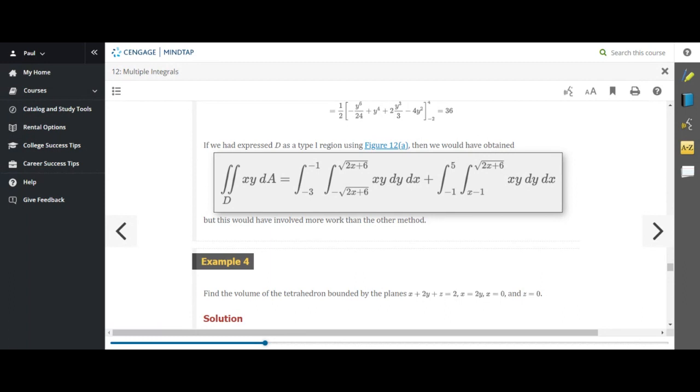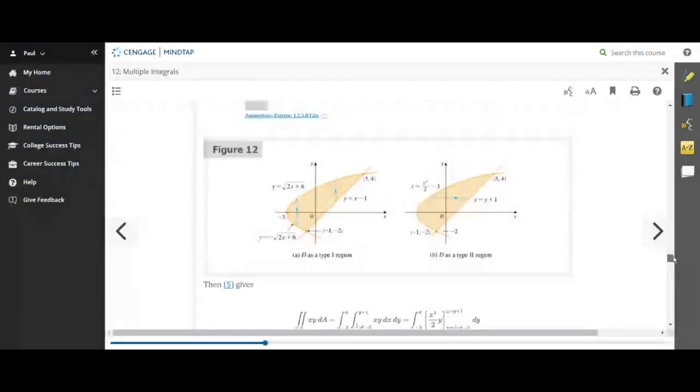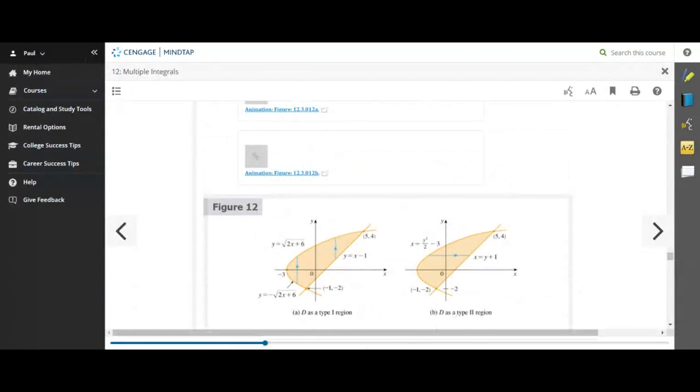On the other hand, let me go back to that figure 12. If you were to treat region D as a type 2 region, then throughout the entire region, the left function is x equals y squared over 2 minus 3, and the right function is x equals y minus 1. There's no switching of functions.